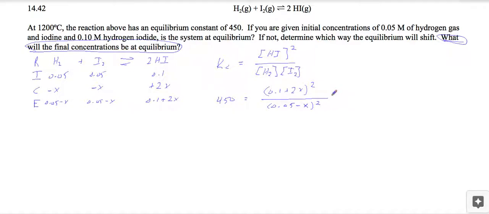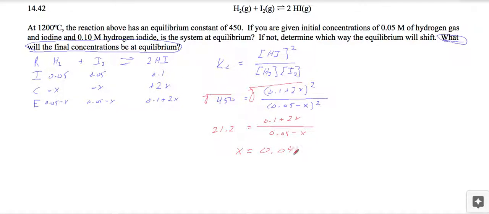Now, when I did this work, you can go ahead and do that same thing we did before, so you can get away from doing the quadratic in this problem again. Take the square root there, it gives you the squared expression on the top, squared expression on the bottom. We end up with a value here, let's leave it in red, of 21.2 is equal to 0.1 plus 2x over 0.05 minus x. So now we can solve for x. X comes out to be 0.041.